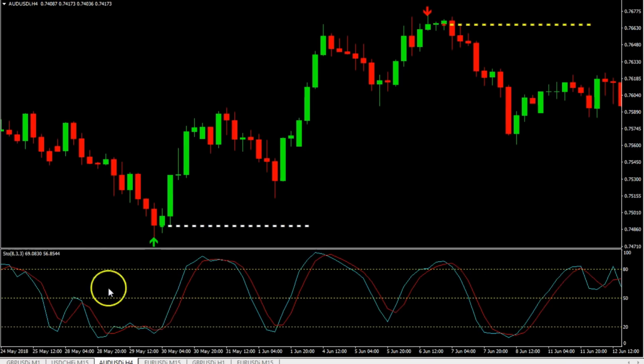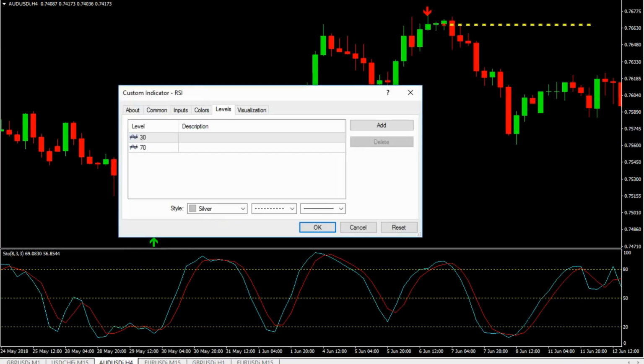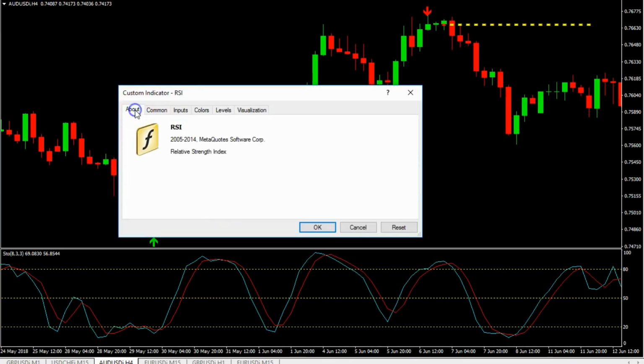So we need some more indicators, and as I go along I will explain what to do with them. The next indicator we need is the RSI, Relative Strength Index indicator. So we look for it, RSI here, and allow DLL imports.